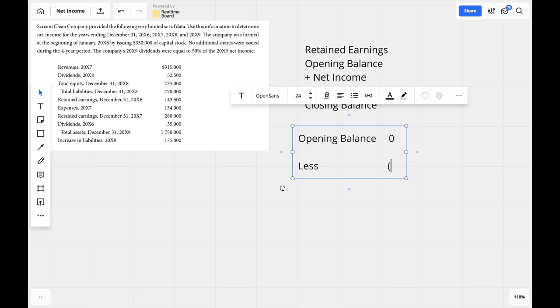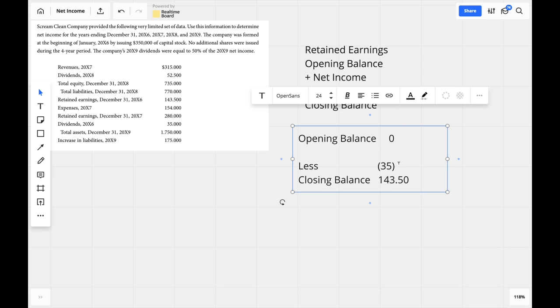So we're going to deduct the 35 off the retained earnings. And then we also know that there's a closing balance because it's at the end of the year, for 143.5.